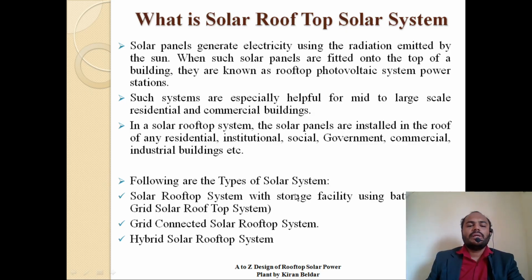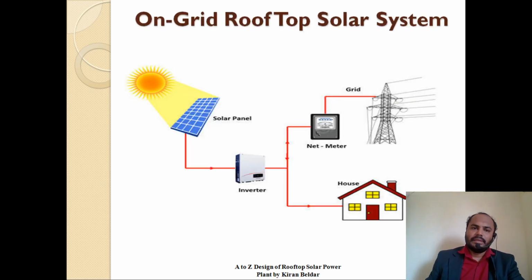One is the on-grid rooftop solar system, second is the off-grid rooftop solar system, and next is the hybrid solar system. One by one we will see each type in detail.